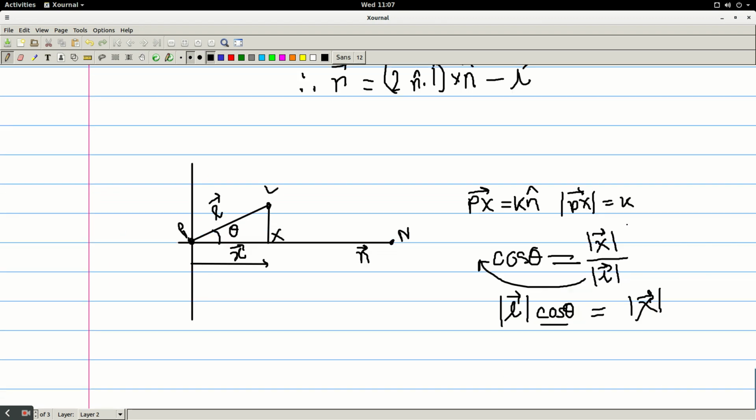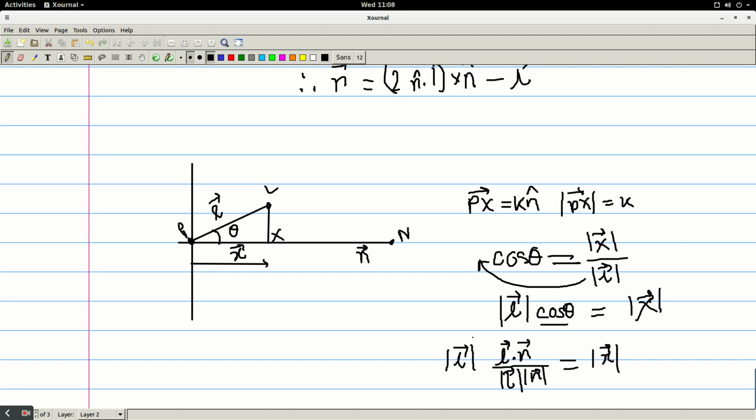So when we drop down over here, instead of cos theta, we can actually write, this cos theta will be L dot n, because these two vectors are known, divide them by the magnitude of L, divide that by the magnitude of n, equal to what? The length of this x vector.